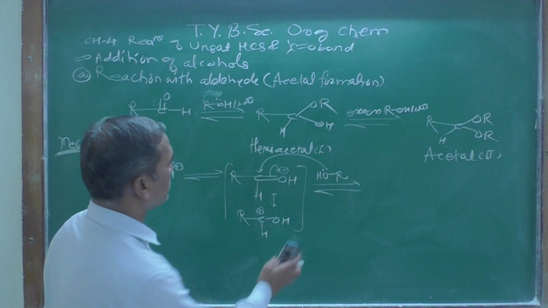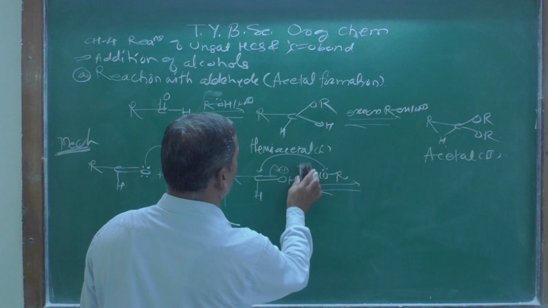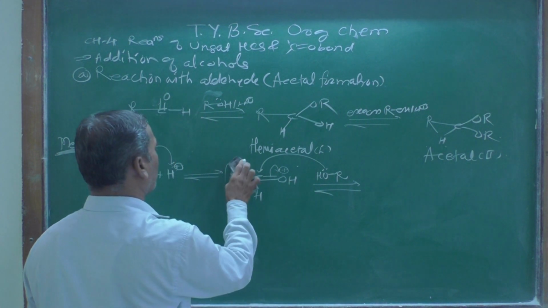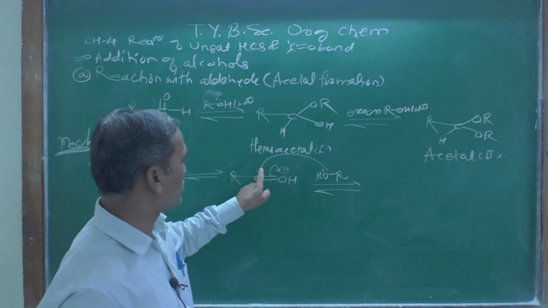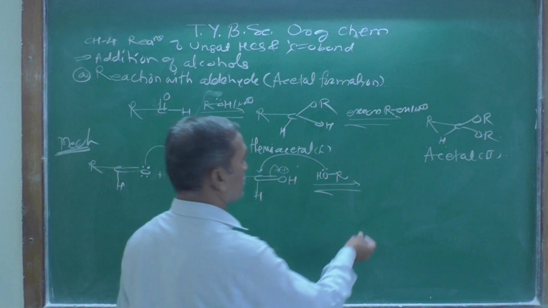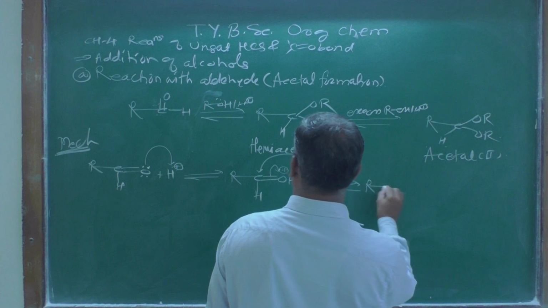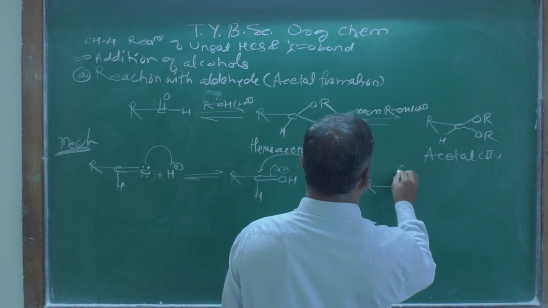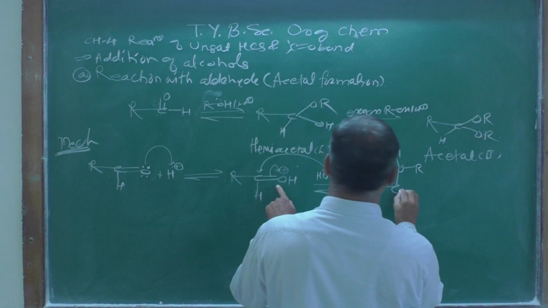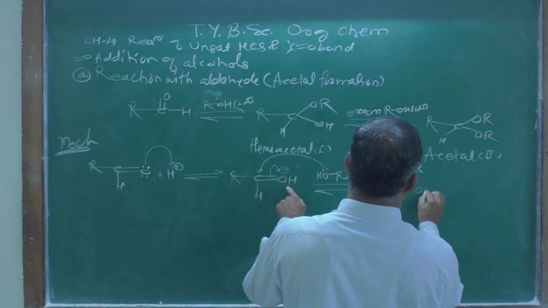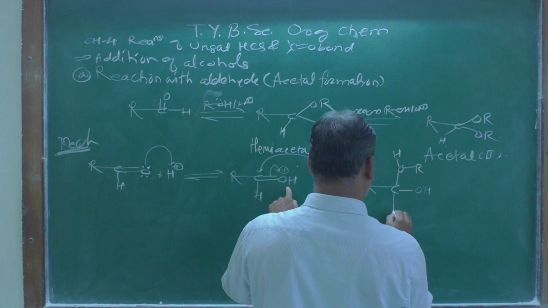Don't show this one, just for the sake of convenience, I don't want to make complication. So just remember, when that OH attacks over there, this is removed like this, so that you are going to get R, then C, here is O, H, there is H, and then this positive charge gets neutralized, so OH, and this one H.